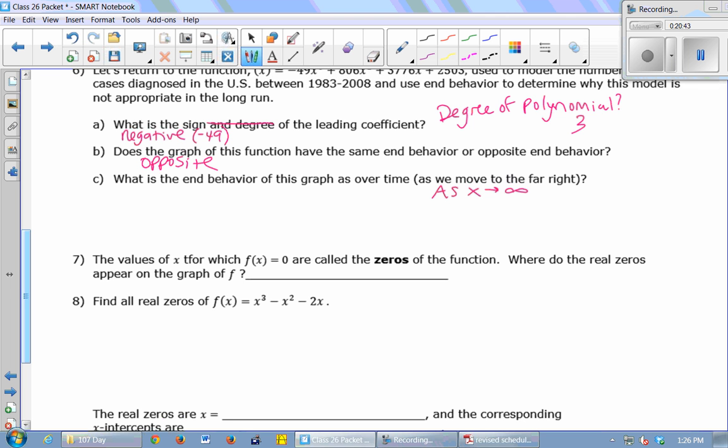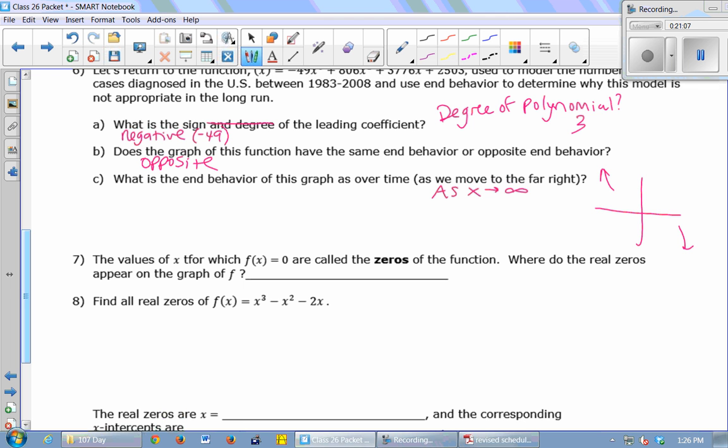I want to know what's happening to the y values. They're going down, right? A negative leading coefficient with an odd degree has end behavior that looks like that. I left the middle blank because we don't know anything about what happens in the middle. We just know what happens at the ends. So that's going to go down to negative infinity.